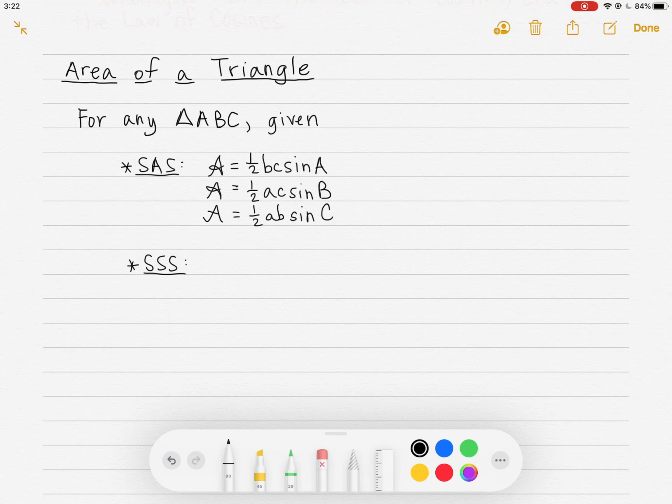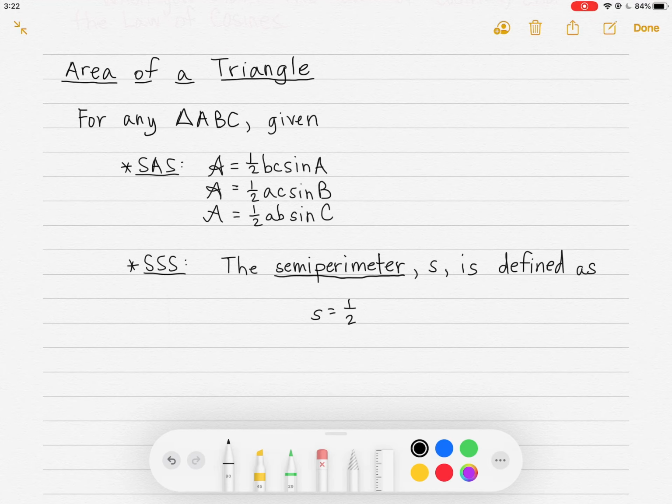So the semi-perimeter, little s, is defined as S is equal to 1/2 of little a plus little b plus little c, where little a, little b, and little c are the side lengths of our triangle.